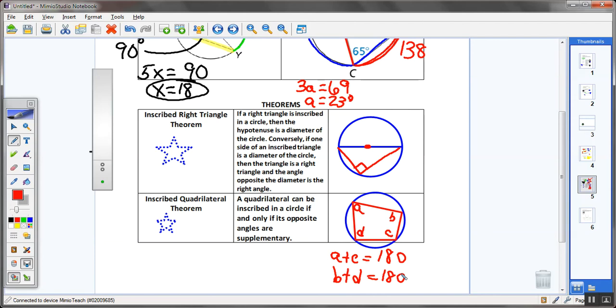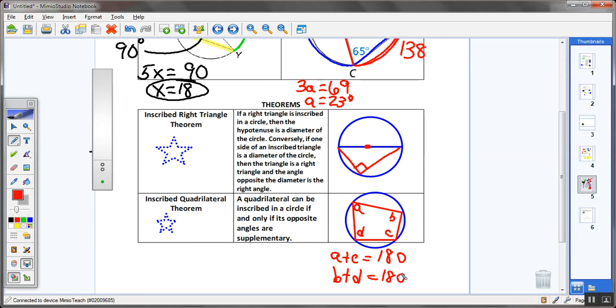Inscribed right triangle theorem. You only have a right triangle if the hypotenuse is the diameter. And if you ever have an inscribed quadrilateral, 4 sides, then the opposite angles are supplementary or sum up to 180. Okay? All right, so let's check this.